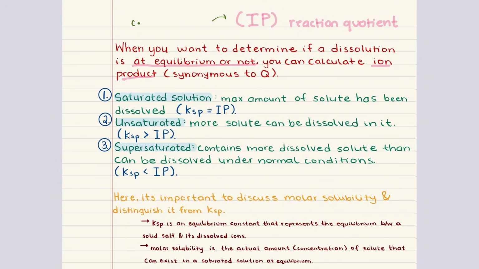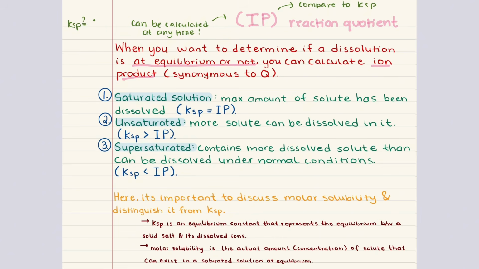So it's the product of the ion concentrations raised to their stoichiometric powers. But unlike KSP, which is fixed at a given temperature, IP represents the current state of the system. And then by comparing the ion product to KSP, we can determine whether a solution is unsaturated, saturated, or supersaturated.